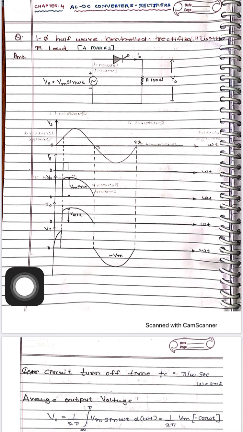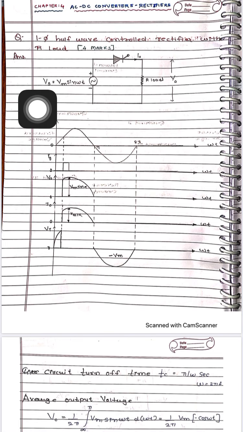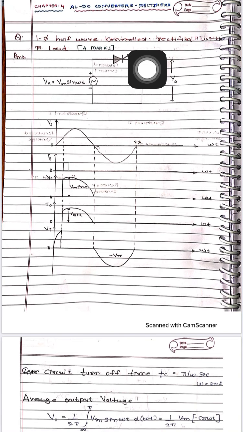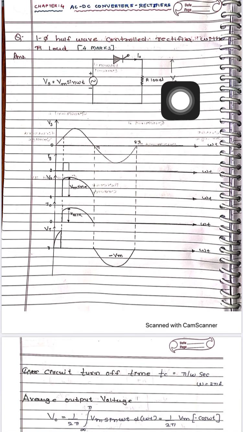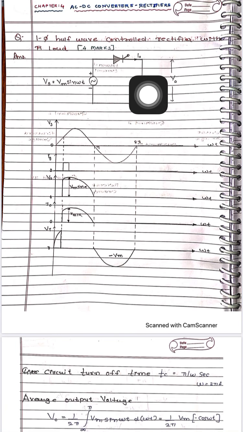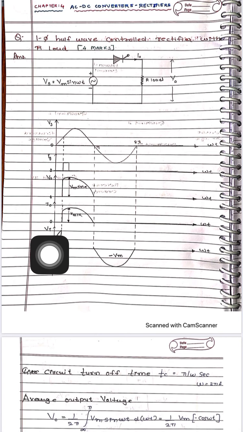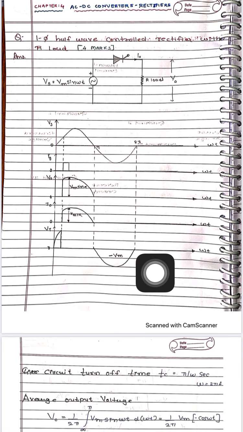We have five waveforms. First is the supply voltage. Second is the gate pulses given to the gate circuit. Third is the voltage across the load, Vo. Fourth is the current through the load, Io. And last is the voltage across the thyristor; if we put a voltmeter across this switch, we get this type of waveform.